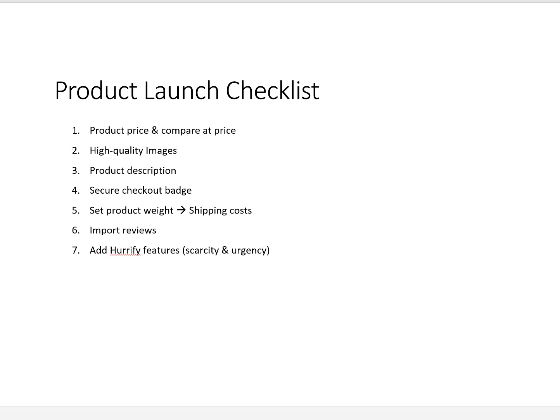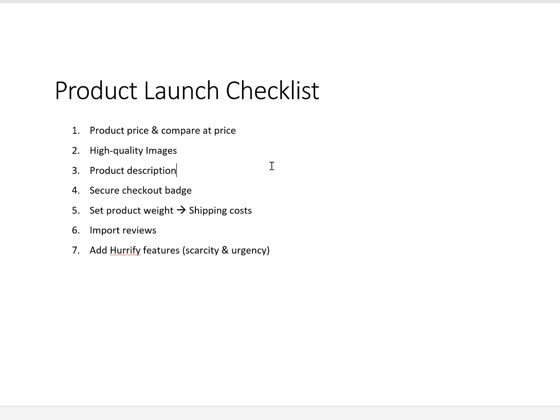So the first thing is you've set your product price and your compare at price. Make sure you think of psychological price points when you set both. I love free plus shipping, so oftentimes it's going to be $0 for my front end offers, but then you still want to set the compare at price to perhaps $14.95 or something similar.